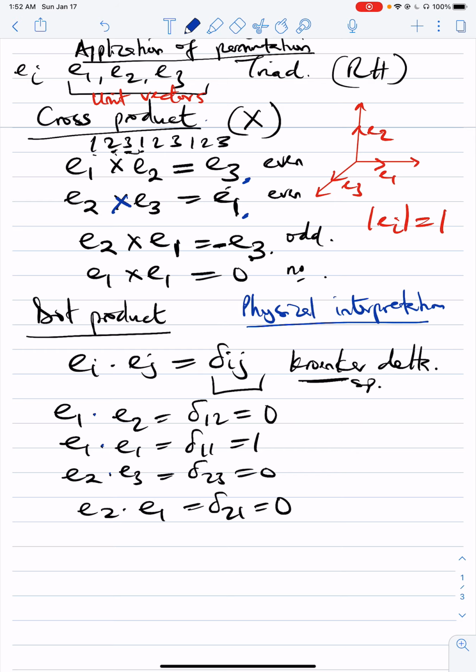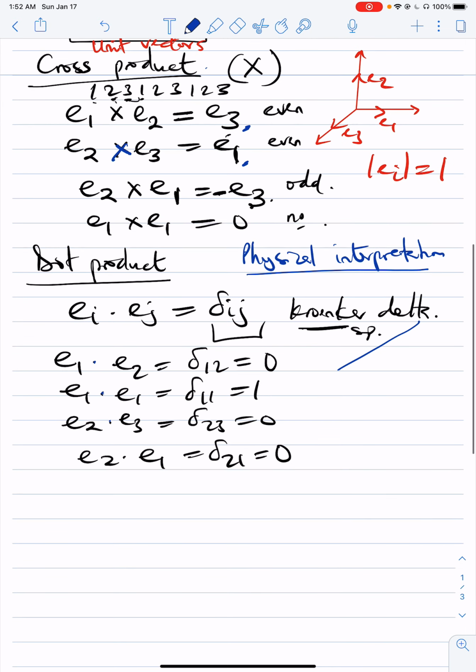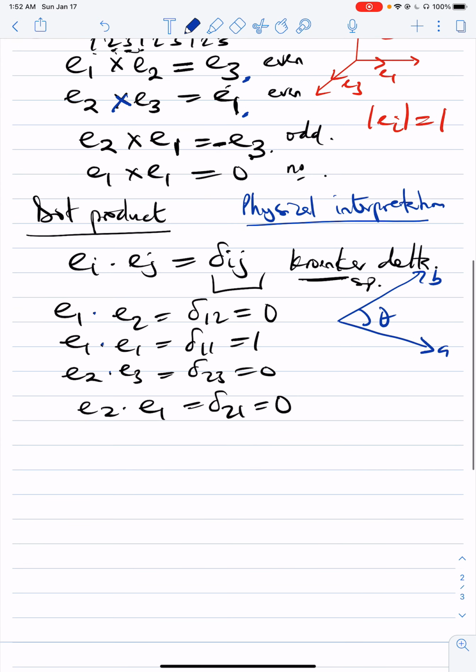But dot product basically is like you have two vectors, let's say B and this is A, right? Finding the angle between them, right? So for a dot product, typically if you have A dot B, it's equal to A B cos theta.